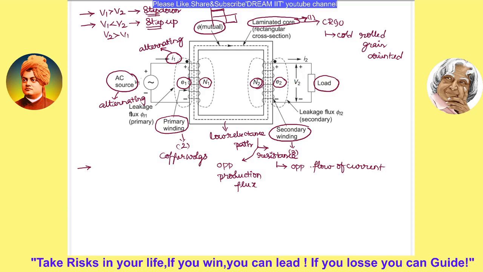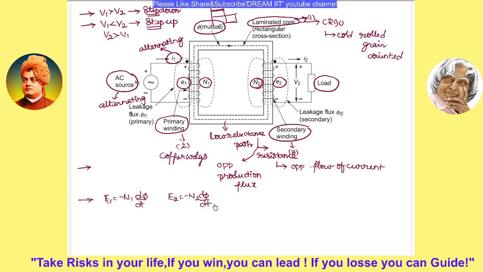So if you write the induced EMF equation on the primary winding side of the transformer, we can write E1 equals minus N1 d phi by dt. The minus sign is due to Lenz's law. And E2 equals minus N2 into d phi by dt.